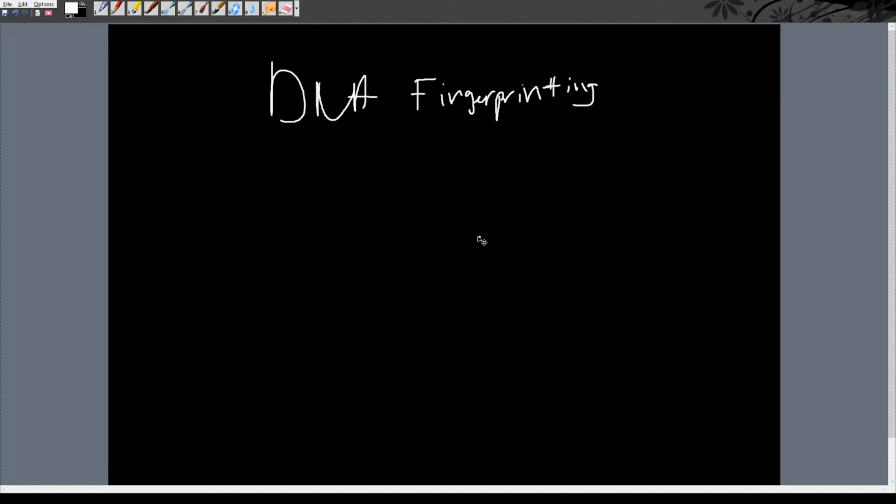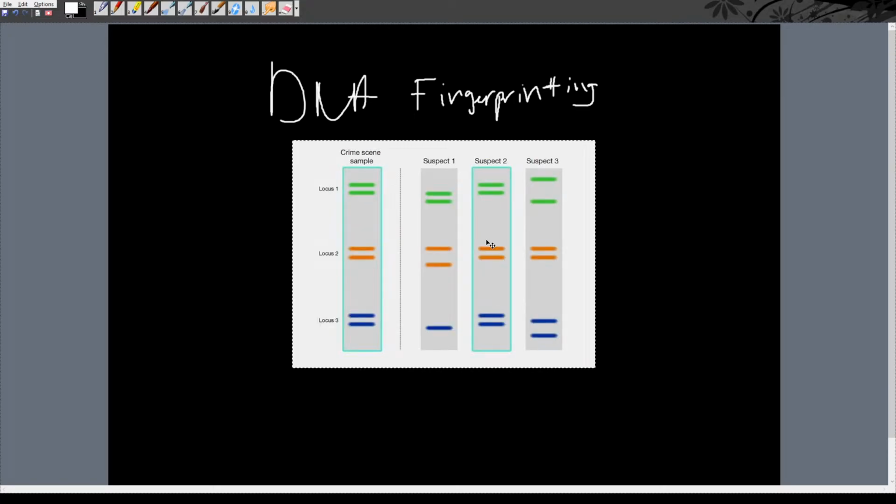Because with something like this, we can clearly see the differences in DNA, right? If we want to match, what are we looking for? Suspect 2 from his electrophoresis matches the DNA crime scene sample, right?